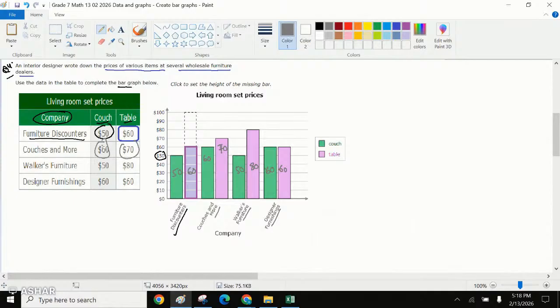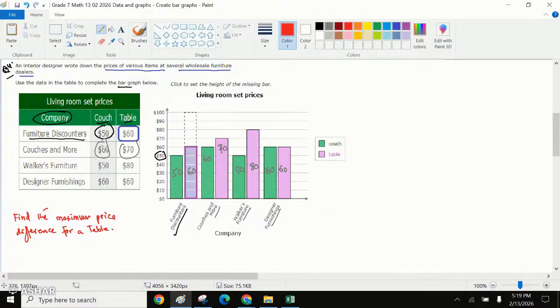Okay, the question might say, find the maximum price difference for a table.